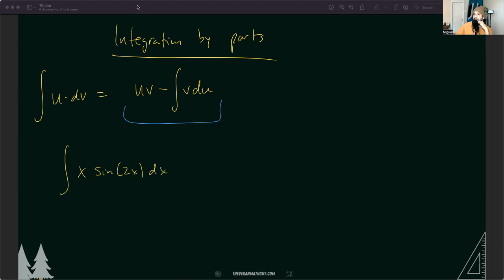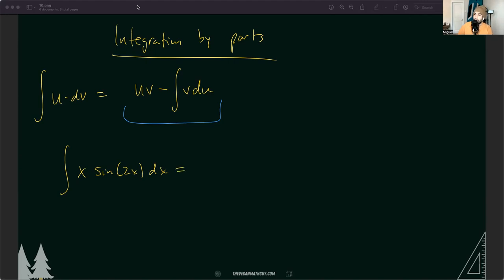Now we're getting to the integrals of trig functions. I know we're not covering them really today, but I'm hoping that you know the basic integrations for sine, cosine, and tangent, perhaps secant squared and all that. So when you have a problem like this, you can't do U-substitution, you can't do power rule, so we have to go to integration by parts.